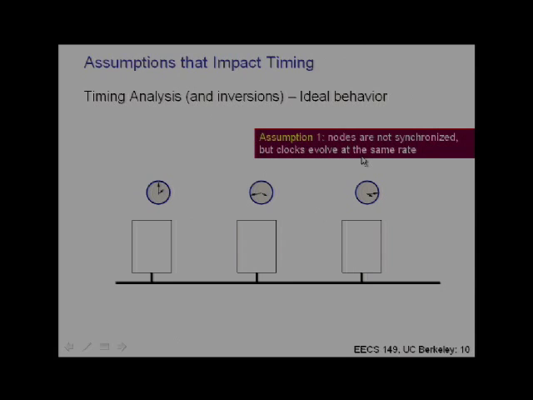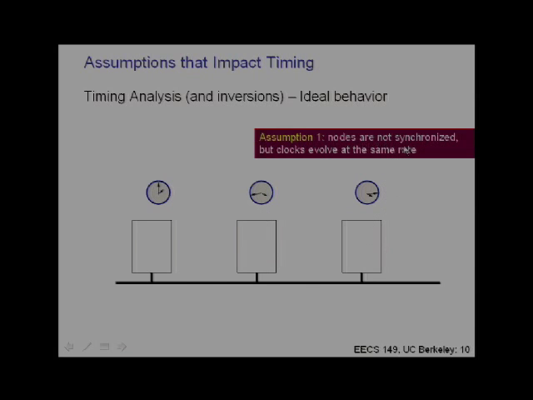If this processor measures one time unit, and this processor also tries to measure one time unit, the durations they measure will be the same. But there could be clock skew. The clocks don't have to be synchronized, but they have to evolve at the same rate.